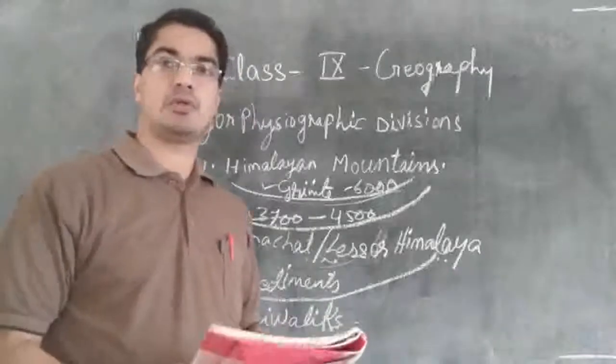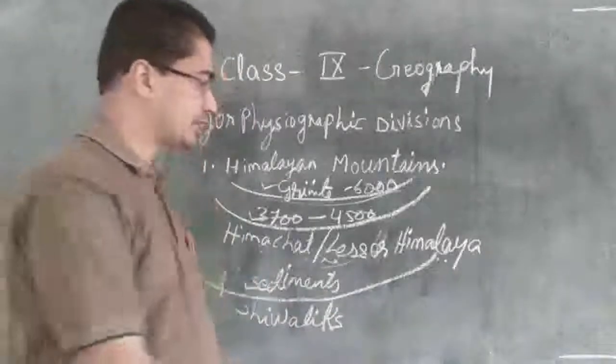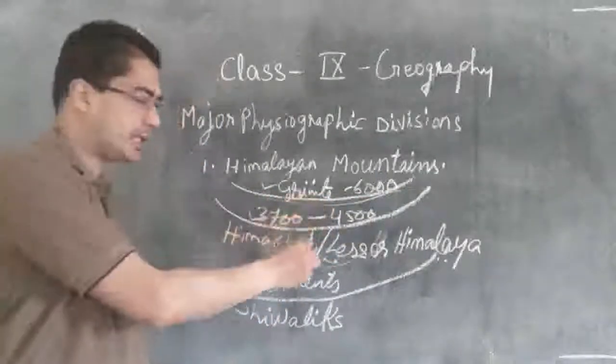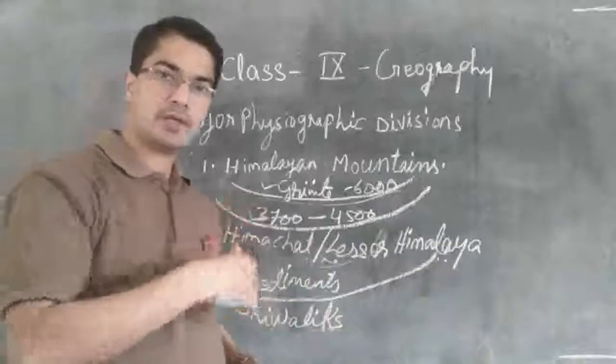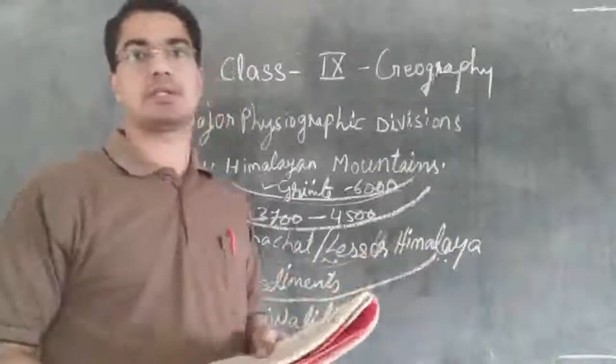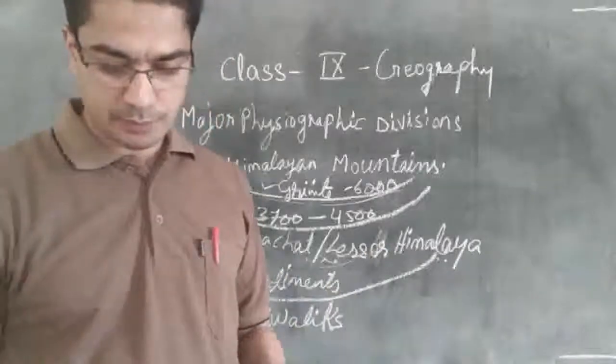And a lot of valleys are formed. We said here between these two ranges there is a valley. In the same way, there are so many ranges of mountains in the northeast, and between two mountains there will be a valley as well.